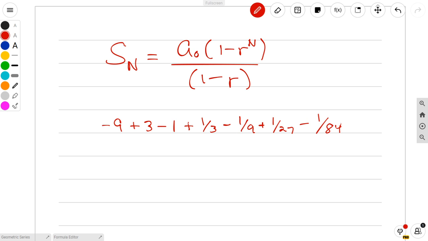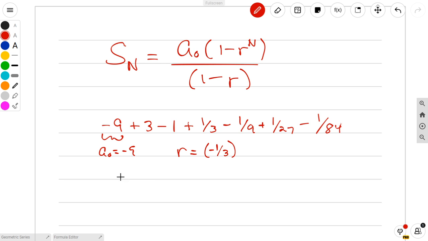So this is a geometric sum where our first term, a sub 0, is equal to negative 9. Our common ratio r is equal to negative 1/3, right? That is, you're dividing by 3 every single time, but it's alternating, so your ratio is going to be a negative, so that one term's positive, the next one's negative, and so on.